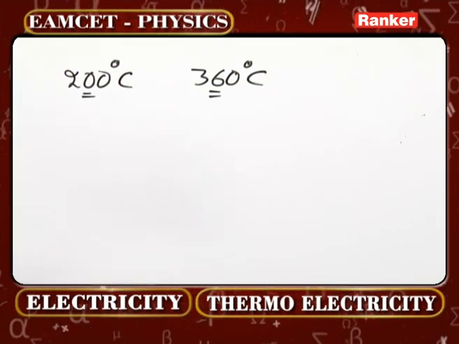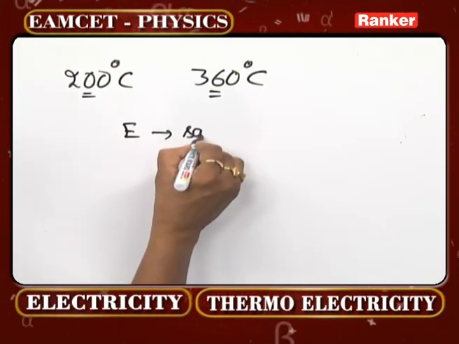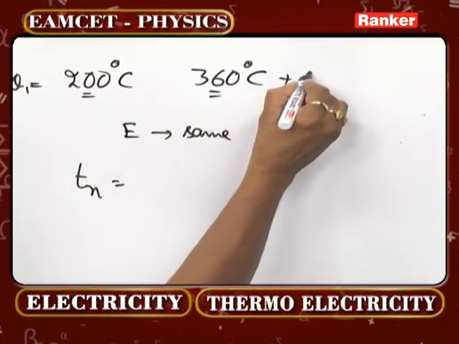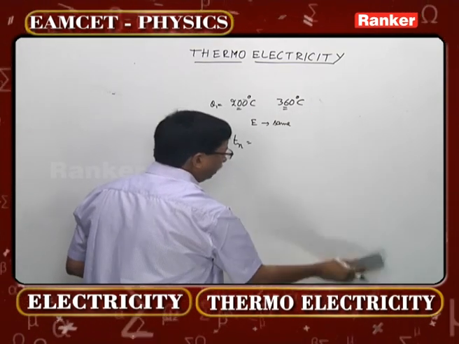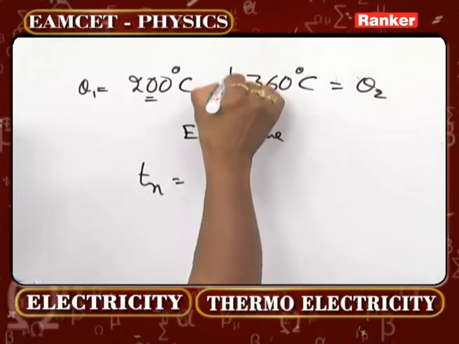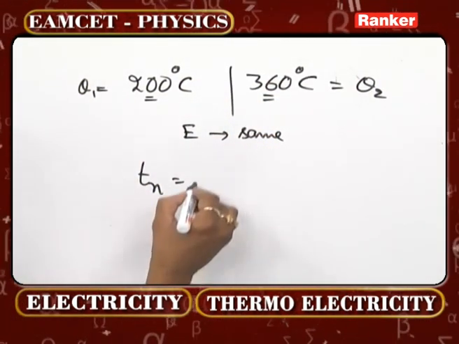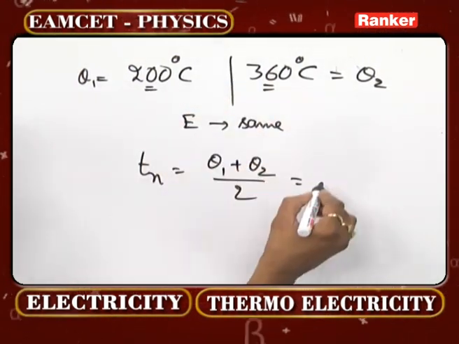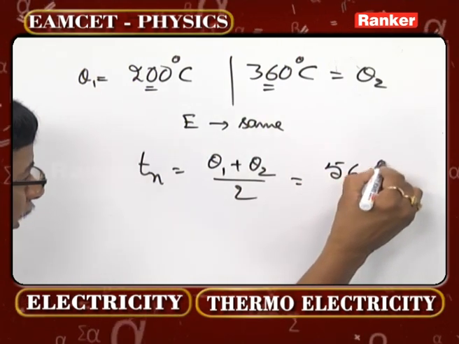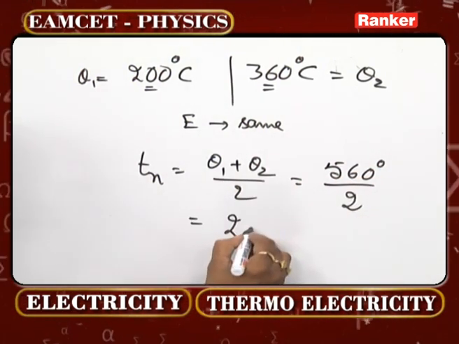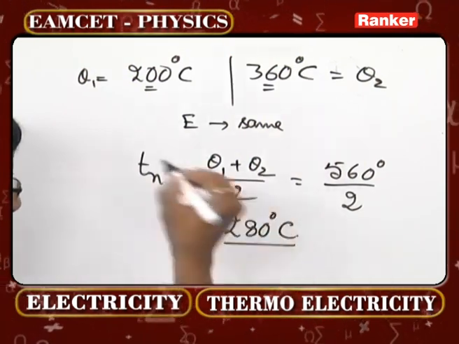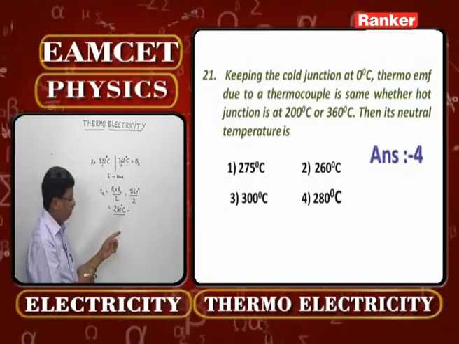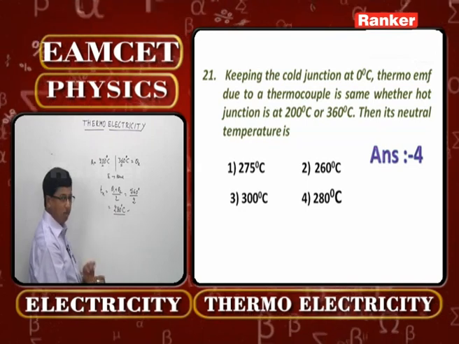If the EMF at both temperatures is the same, then the neutral temperature will be theta 1 plus theta 2 divided by 2, that is, the average of these two values. It is 200 plus 360, 560, by 2. So you can write 280 degrees centigrade. Look at 280 degrees centigrade where it has been given. The fourth option is going to be correct.